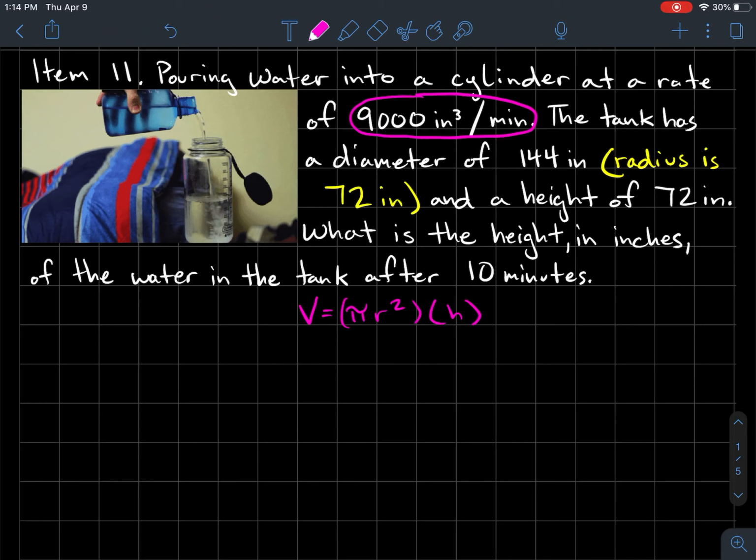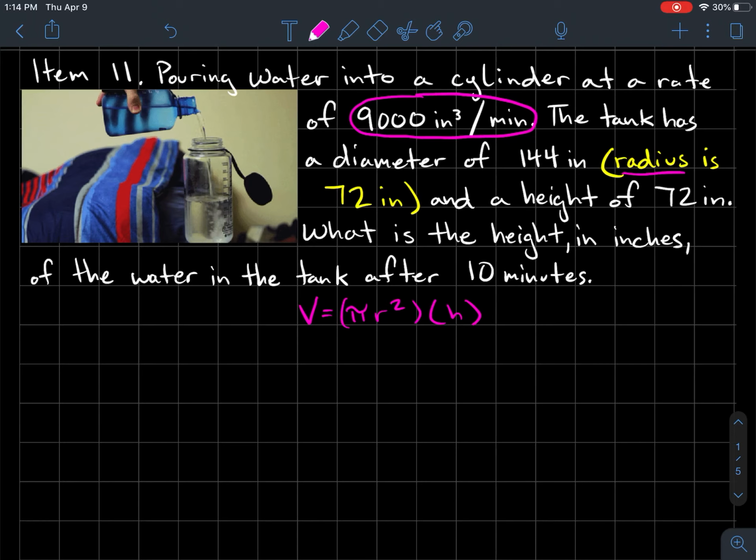Okay, so now we have a cylinder. It gives us the diameter, but you know very well when we're working with cylinders and trying to find volume that we don't need the diameter, we need the radius, and that's why I included it there in yellow. Again, that's something you're going to have to know as you're tackling a problem like this. If you use 144 inches, you're definitely not going to get the correct answer because you need the radius.